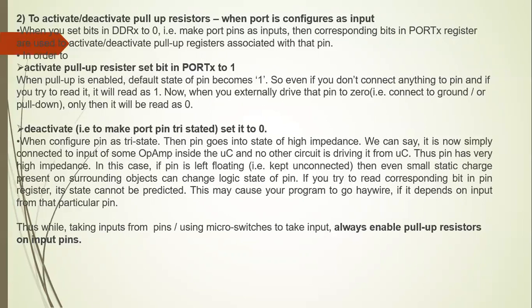If we have to activate the pull-up resistor, it is set to 1, and if we have to deactivate it, it is set to 0. So the PORTX register has two functions: the primary function is to output the data when the pins are used as output, and the secondary function is to activate or deactivate the pull-up resistors.